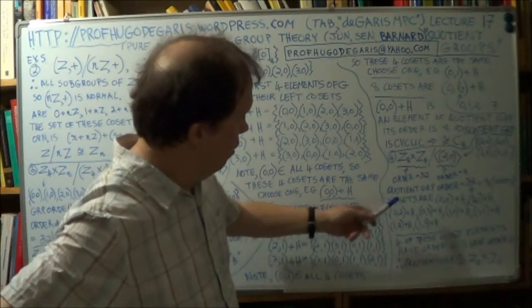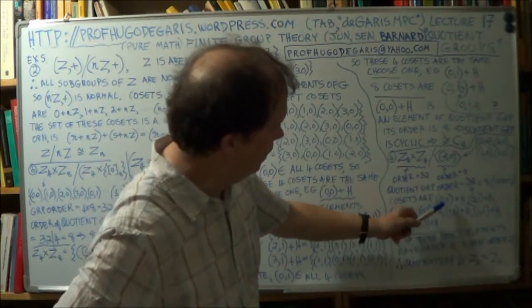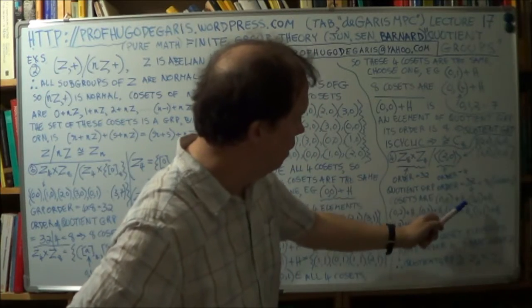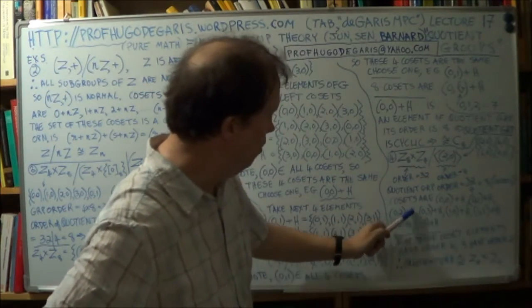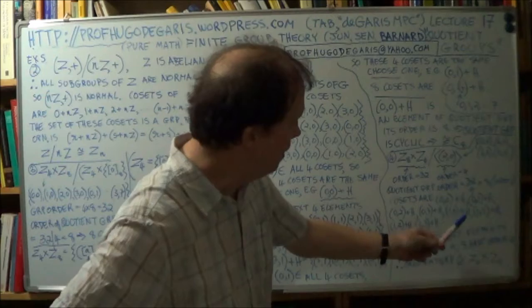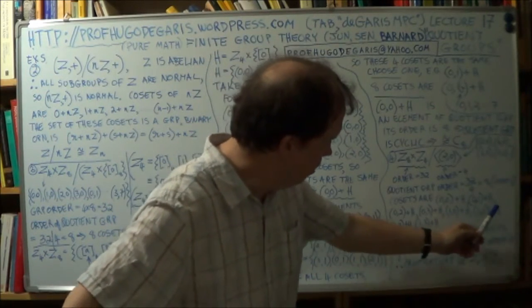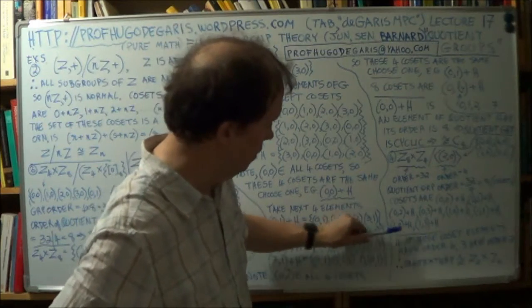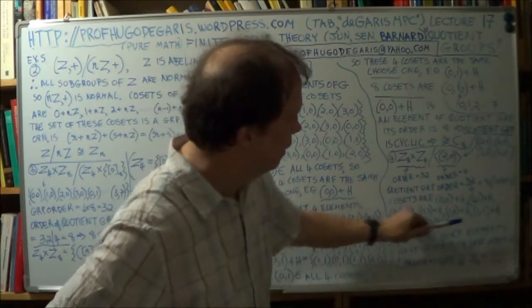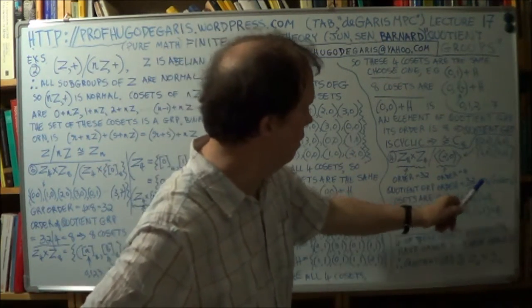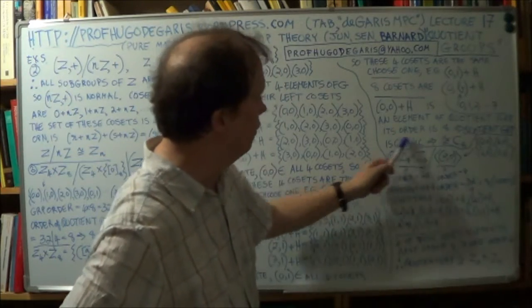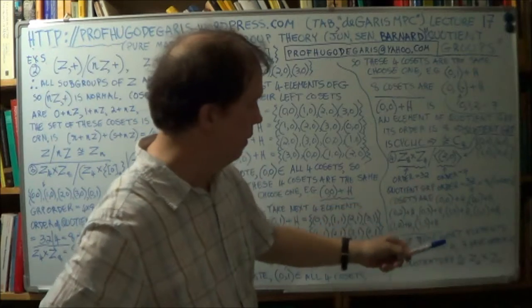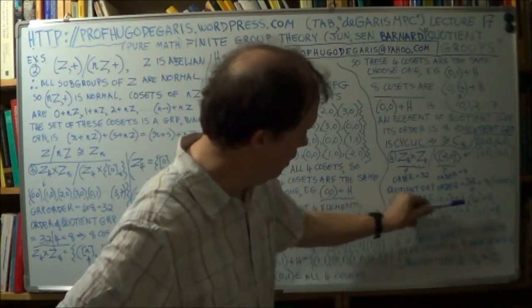So the cosets will be of the form 0 0 plus H, here's your H, and 0 1 plus H, 0 2 plus H, 0 3 plus H, and 1 0 plus H, 1 1 plus H, 1 2 plus H, 1 3 plus H. So there are your 8 cosets, and the order of the quotient group is 32 divided by 4. There they are.